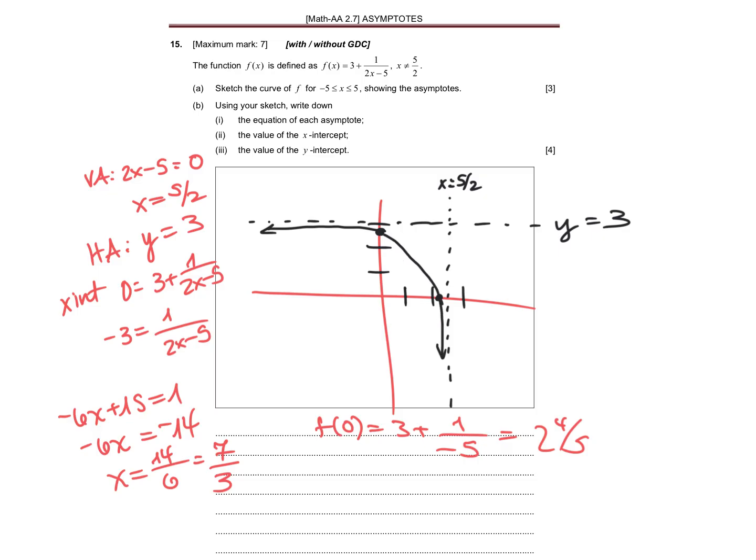So like that. And then if you want to check, you can substitute in x equals 3 into the function. So f(3) is going to be 3 plus 1 over 6 minus 5, which is 1, so 4. So it's obviously up here, so we're looking like that. Okay? All right.